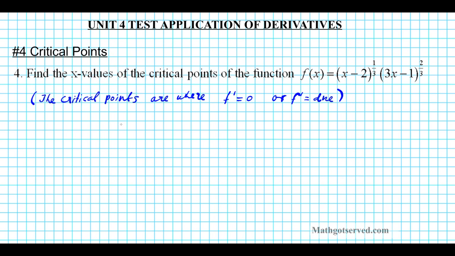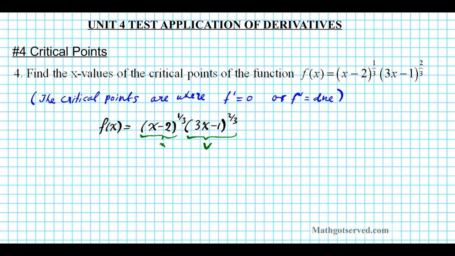Okay, so let's rewrite the function. f of x equals (x minus 2) to the 1/3 times (3x minus 1) to the 2/3. Now, how do we find the derivative of this function? If you notice, this is the product of two functions, right? So we can call this function u and this function right here v.